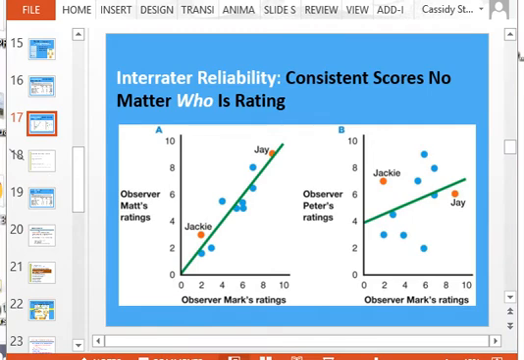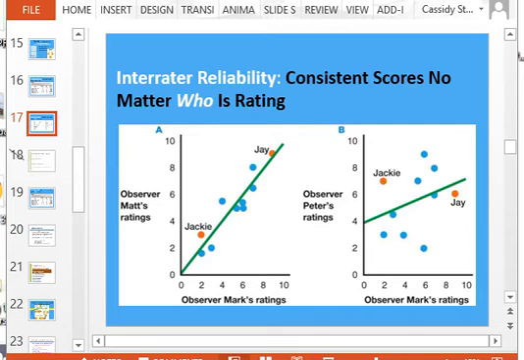We also may be interested in how individual observers are rating the construct for our study. So in observational studies, we'll have multiple researchers that are observing the behavior of people, and they're rating their behavior on some operationalization.